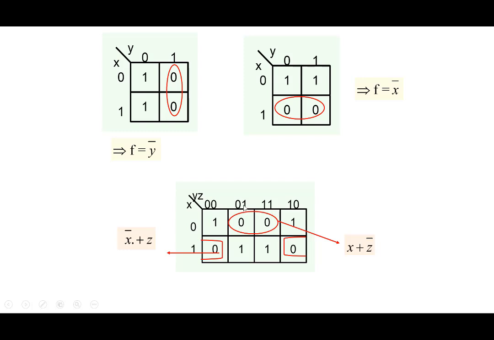So what is common is z, and when z is 1, it is written as z bar here. So the overall expression is the product of these sum terms: x bar plus z and x plus z bar.